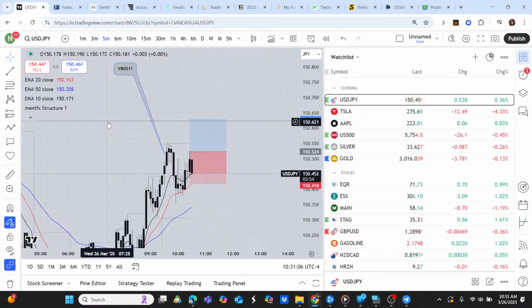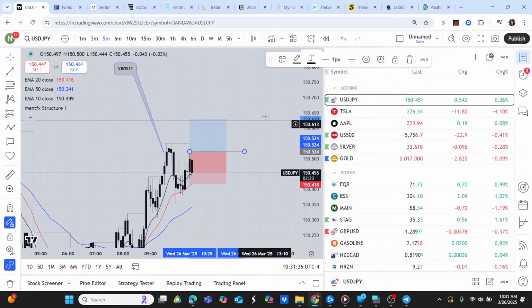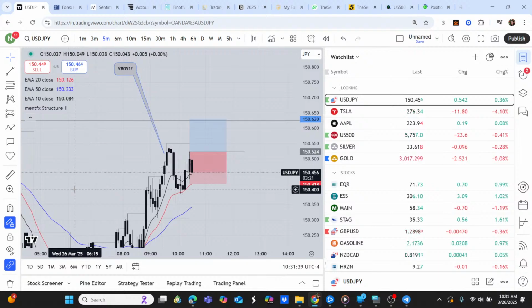Where's USDJPY? 150 point. All right, and basically I'm just gonna wait to see if it clears the high right there.